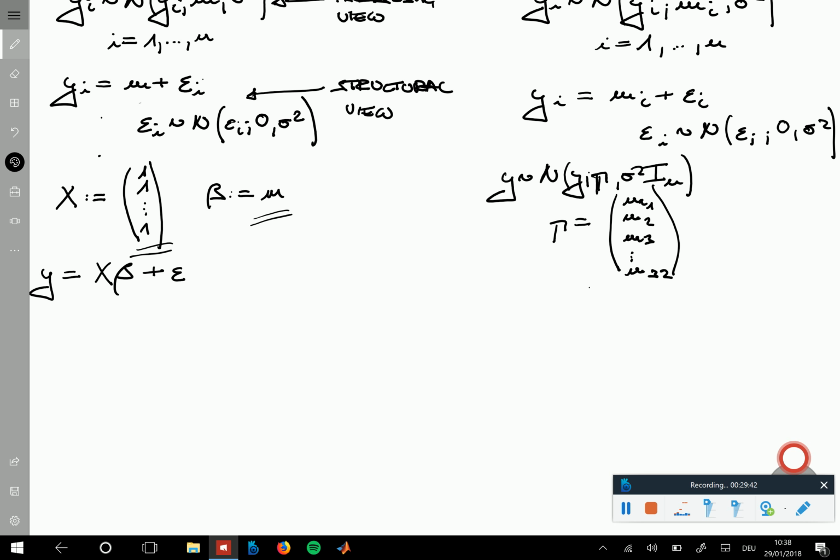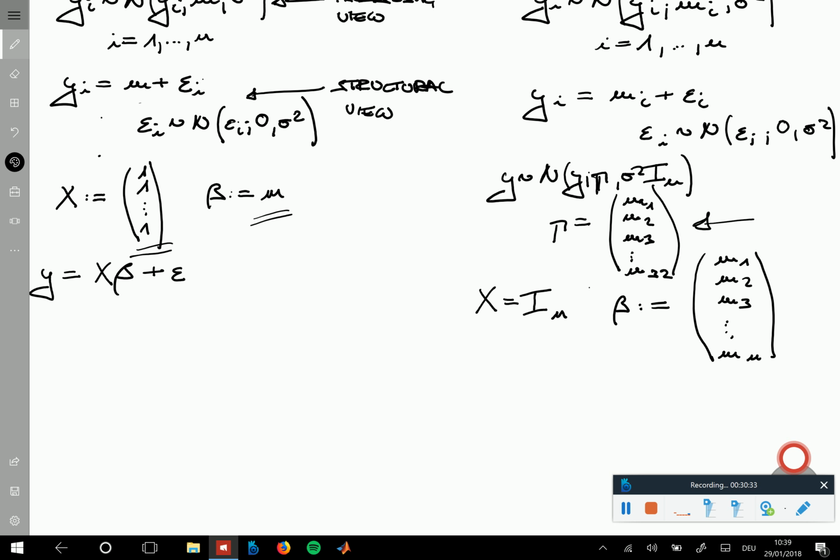A way to do that is obviously to set X to the identity matrix I_n, and set the beta parameter vector to exactly these values, m_1, m_2, m_3, and so on to m_n. Because then if you do the matrix product, the expectation parameter of the multivariate Gaussian will be exactly this.